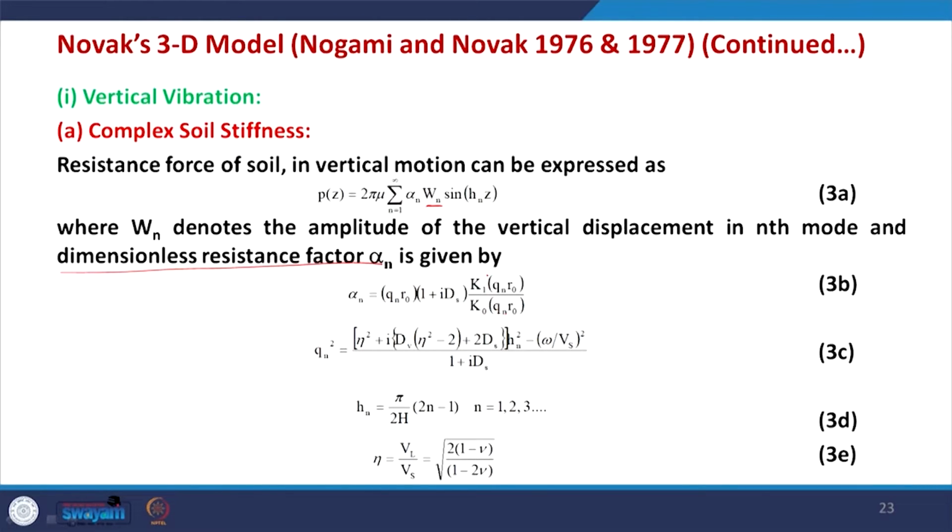Qn is given by this relation, and in this relation Hn comes in, which is given by this relation, where Hn is related to the mode n. When you vary the value of n, Hn will vary, where n is 1, 2, 3, and eta is the ratio of Vl to Vs, the two velocities, one in the longitudinal direction and the other the shear wave velocity. This is given by this relation.